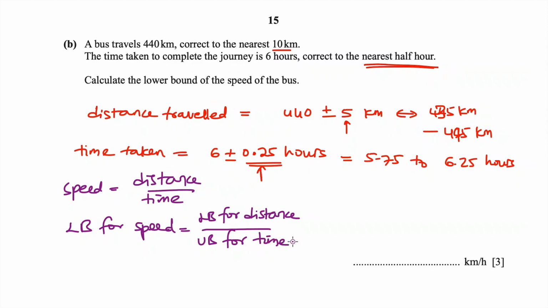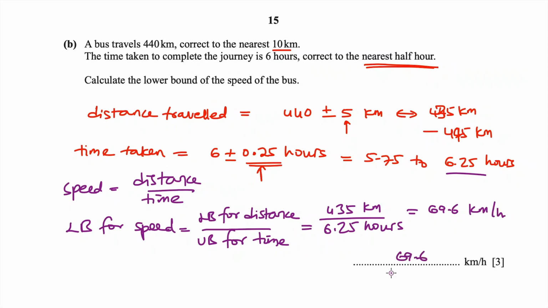Because if you take the lower bound in the numerator, the value will become less. If you take the upper bound in the denominator, then the value will become even less. Denominator increases, the value will decrease. So this is equal to, what is the lower bound for distance? 435 kilometers divided by the upper bound for time, 6.25 hours. And its value is nothing but 69.6 kilometers per hour. And so the answer is 69.6.